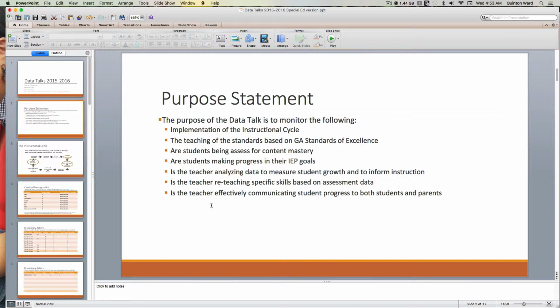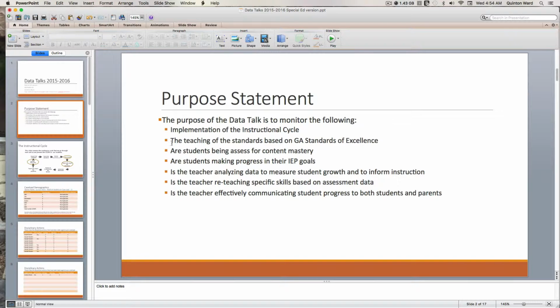Are students making progress in their IEP goals? Is the teacher analyzing data to measure student growth and to inform instruction? Is the teacher reteaching specific skills based on assessment data? Is the teacher effectively communicating student progress to both students and parents? That is the goal, the purpose of the data talk.